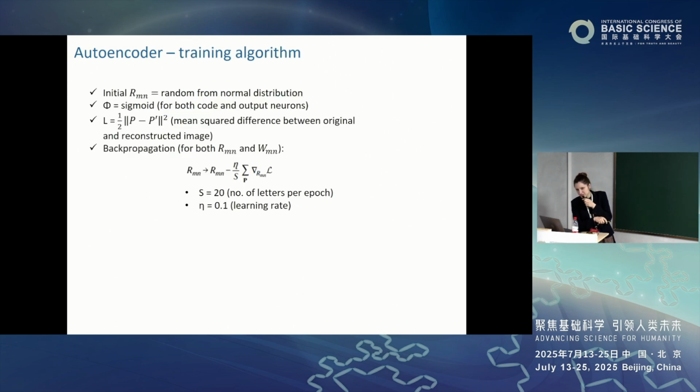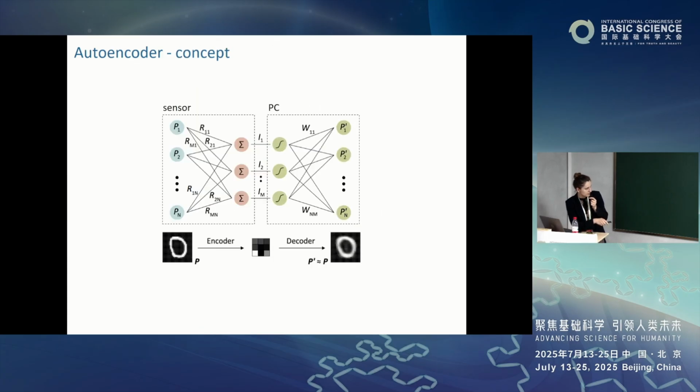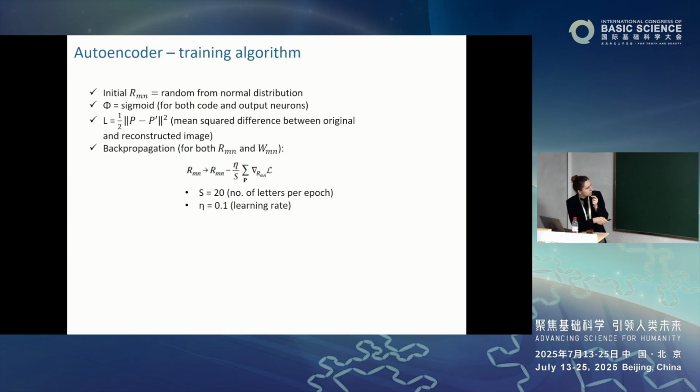And once again, these are some details for neural network people. The initial weights, for the responsibilities, were normally distributed. We used sigmoid for both code and output neurons, so we had to train both of these. The loss function was basically a mean square difference between the original and reconstructed image, and backpropagation was implemented in the same way.